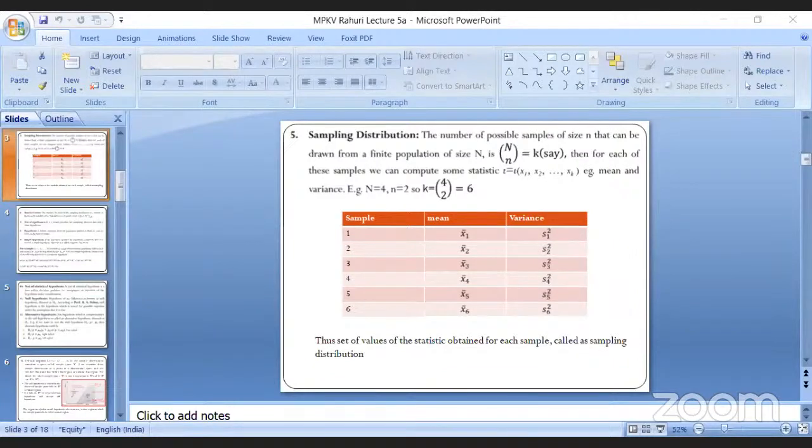So you have to know the difference between these things. Sample space is just the collection of the whole, all the values in a sample. That is called sample space. This is a term related to probability. Sampling distribution is related to each sample.